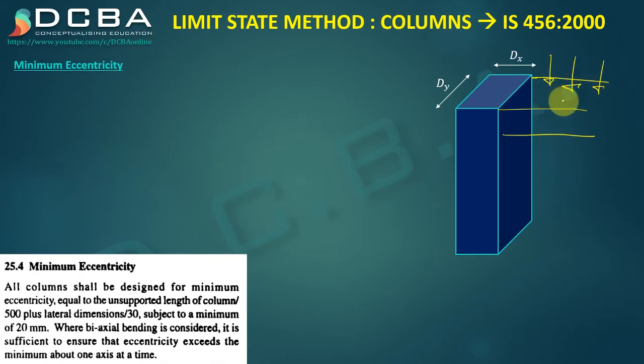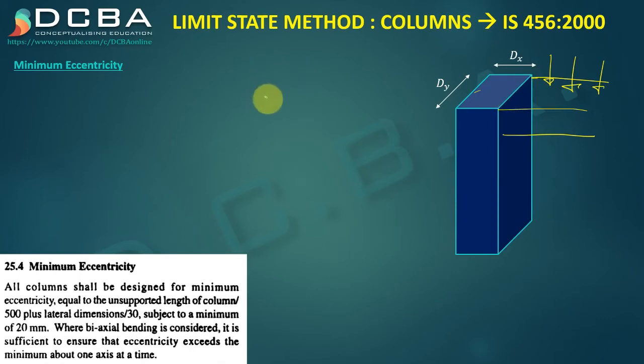So this beam is going to transfer everything to the column. Like on either side it will have two columns, so it will transfer half of the load here, half of the load there, or by whatever analysis it is going to transfer to the column at the end. Along with the load transfer, it is also going to transfer a moment. So in that case the column is already going to have a moment with it.